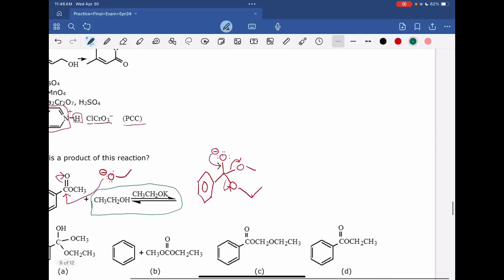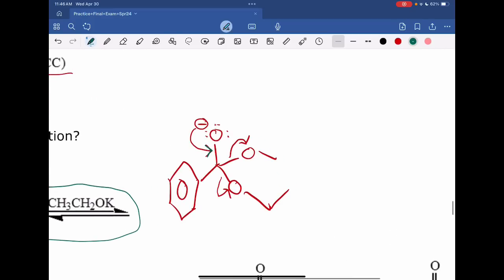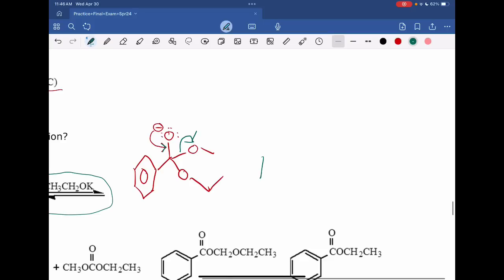So over time, this will happen much more than kicking the ethanol back out. So your product is going to be, over time, this.